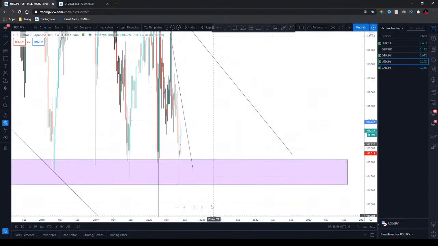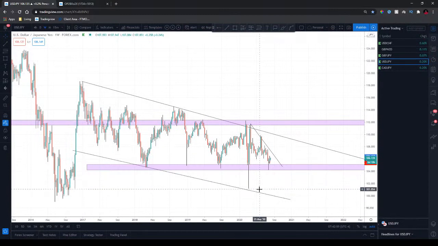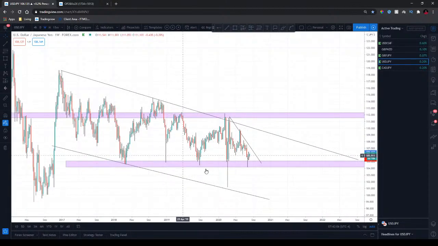I'm going to go up to the weekly and see what we're really looking at overall. So right now, price is reacting within these supply and demand zones. It's on a downtrend, and we'll see how price approaches that downtrend that we have up there, because we do have a larger time frame channel.